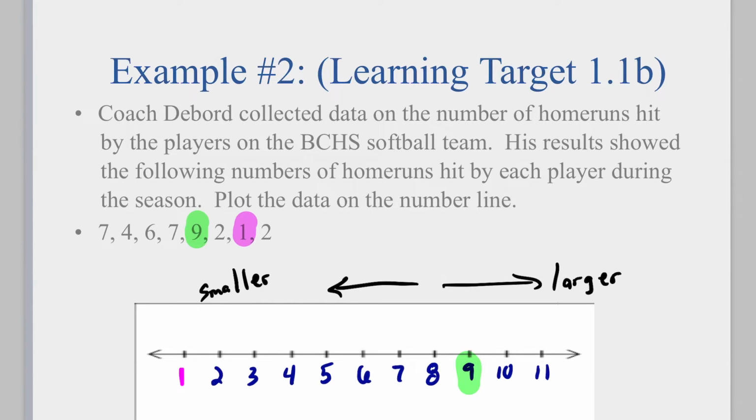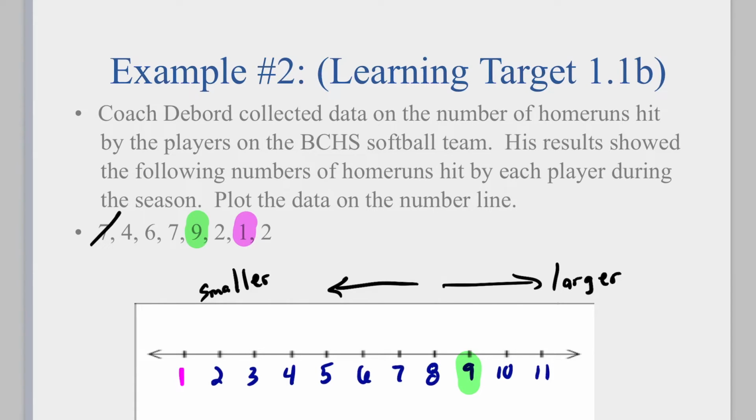And so to plot these values, I will take a dot for each number and place it above the corresponding space on the number line. So let's begin with this number 7. Notice that I marked it out because I don't want to forget a number. That is one of the most common mistakes that I see, that we overlook or forget to include a number from a large data set.